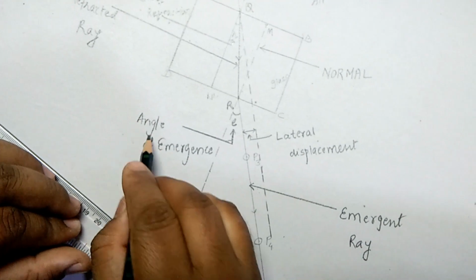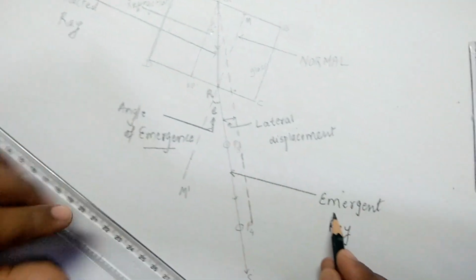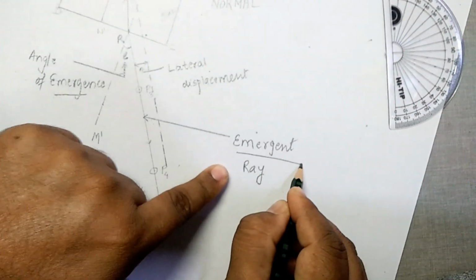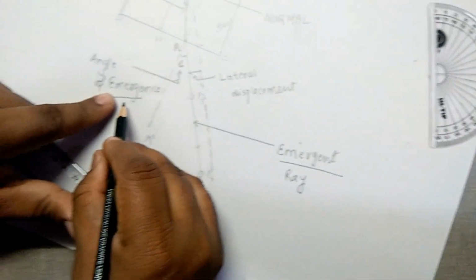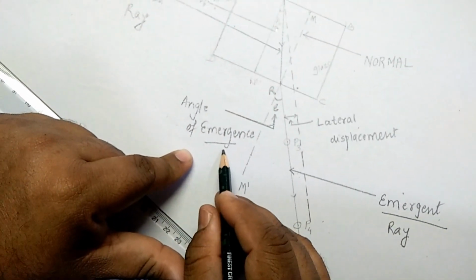Point to be noted: when it is angle, it's called emergence. When it is ray, it's called emergent.